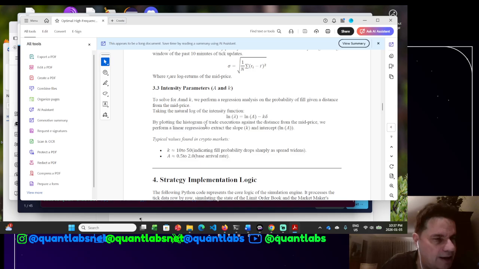Now there's a Python coding example of that, but then we also have the actual, quite possibly production ready, live ready market making HFT code that I'm showing here in C++ for demonstration purposes. So we plot the histogram of executions from the mid price and perform a linear regression to extract the slope and the intercept, A and K.